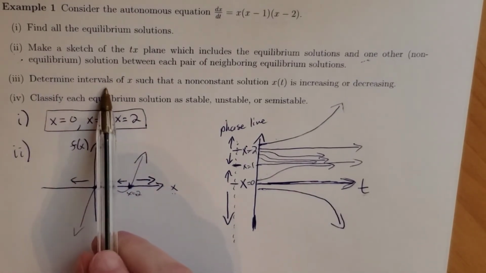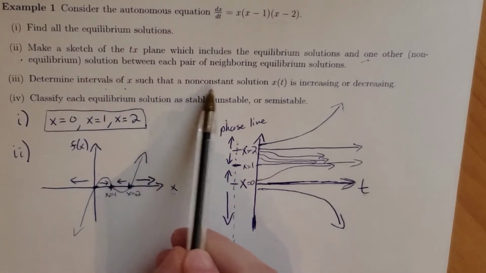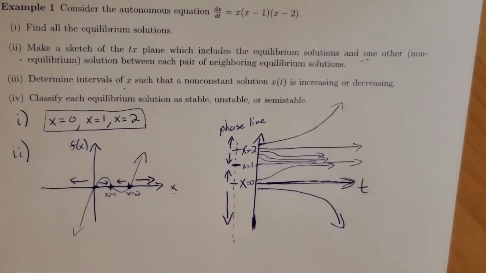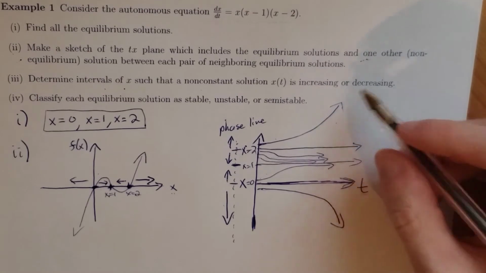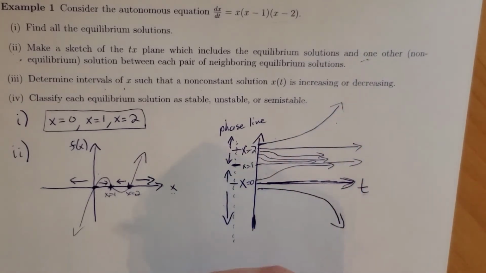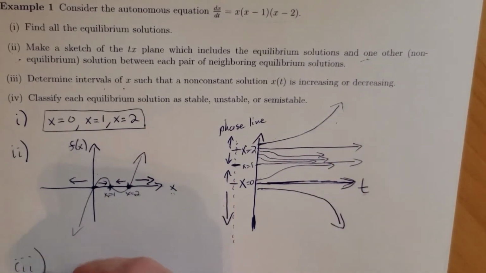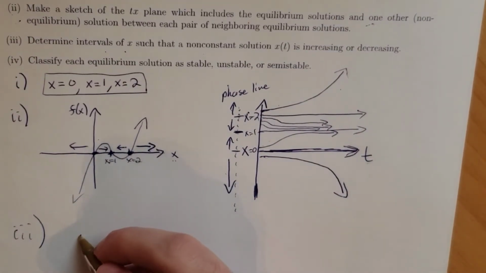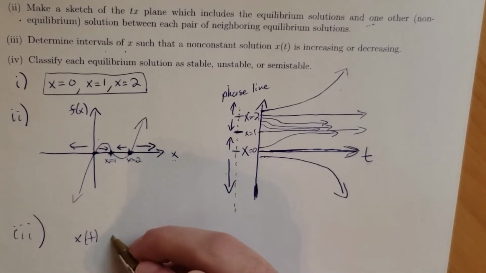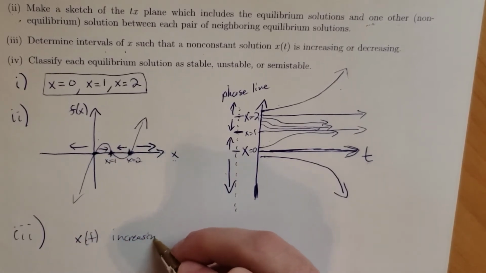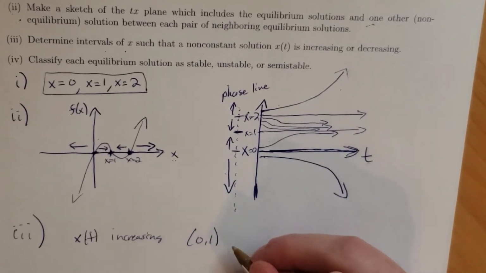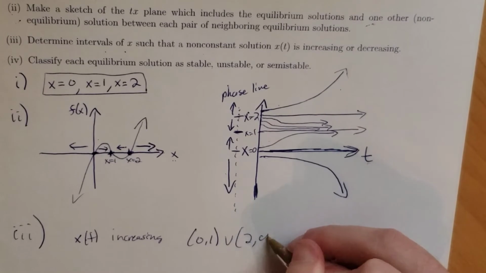We want to determine intervals of x such that non-constant solutions are increasing or decreasing. We've already done that here. X of t is increasing from 2 to infinity. So x of t is increasing on the interval from 0 to 1 and 2 to infinity.